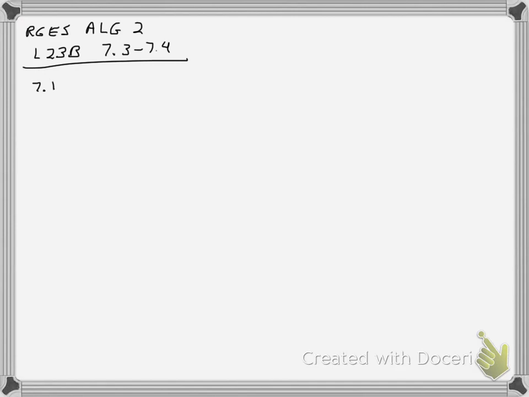Now, let me review. Whenever we're dealing with exponents and operations with exponents, we always think that our exponent operation is going to be one level down from our variable operation. So what do I mean by that?